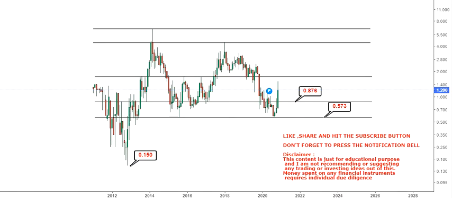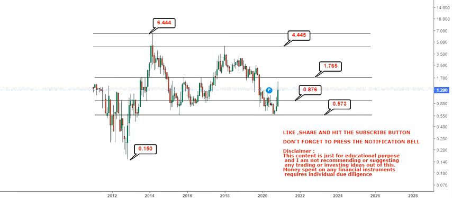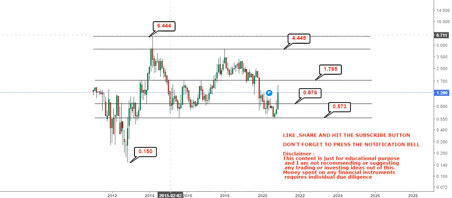Now on the upside, you will have your first target or resistance at 1.7. If it sustains above that, you will have your big or probably the last target at 4.45, and if it is very exceptional, then it could probably go as high as 6.4 or 6.44 or 6.45 on the upside.